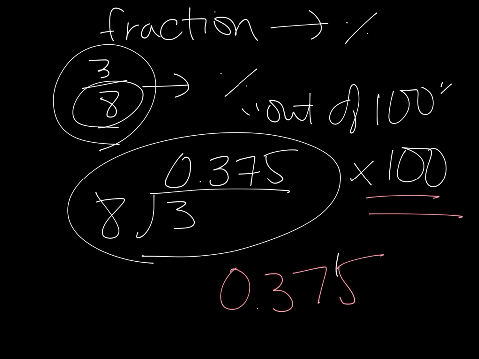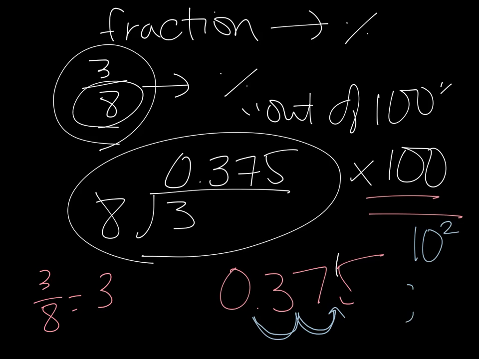Multiplying by 100 will bring my place value 2 places over because you're multiplying by 10 twice. This is basically 10 to the second power. So you're multiplying it once and you're multiplying it twice and that gets you here. So 3/8 equals 37.5%.